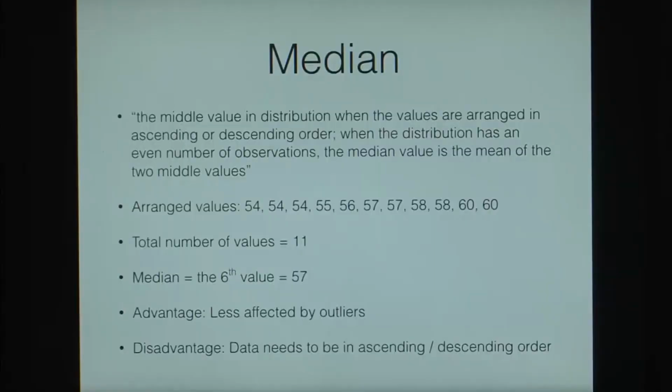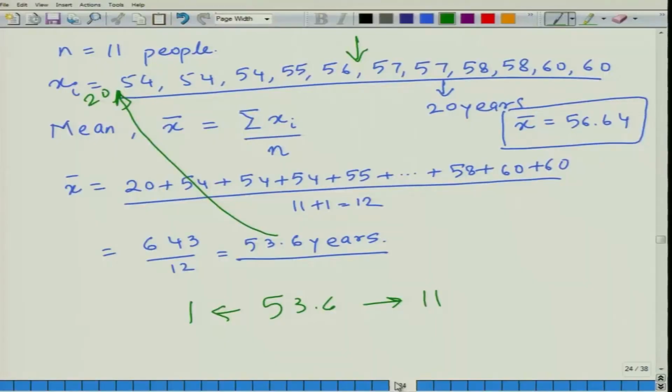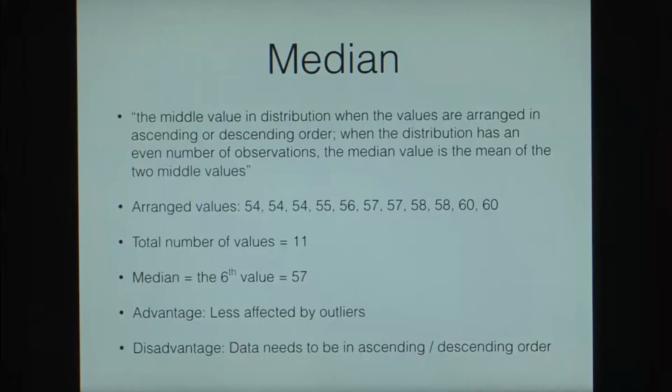So, if we consider the original distribution 54, 54, 54 and so on, and if we wanted to calculate the median, it would be defined as the middle value in the distribution when the values are arranged in an ascending or descending order. When the distribution has an even number of observations, the median value is the mean of the two middle values.